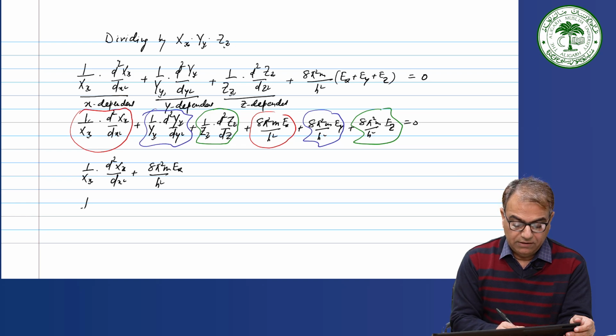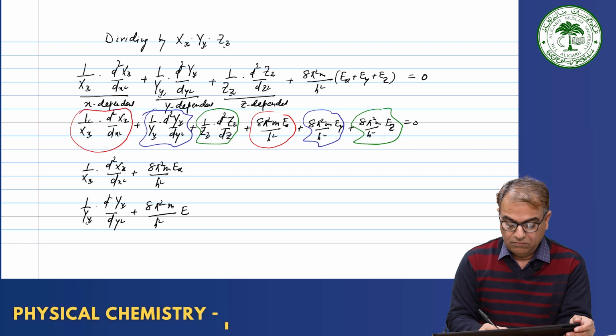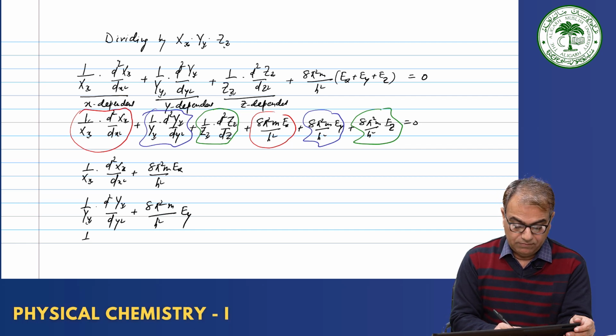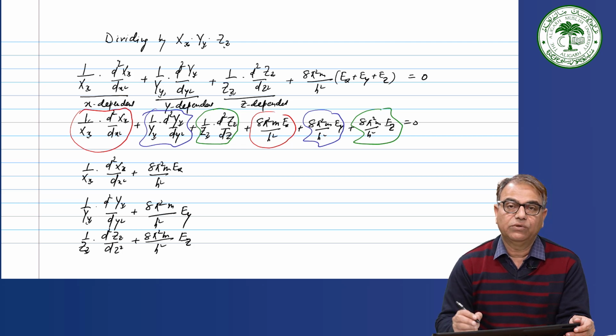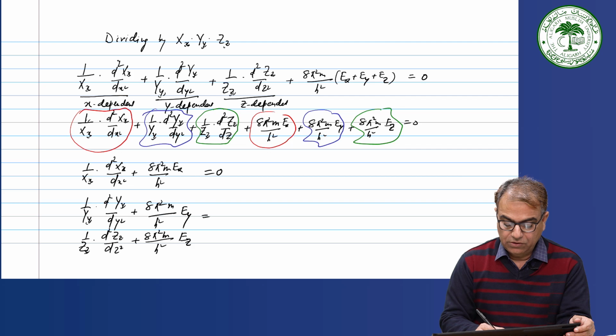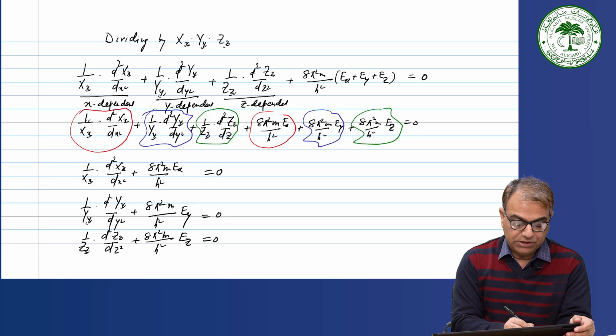Then you can write for y, then you can write for z. And if each of these summation of two terms becomes equal to 0, then this equation is satisfied. So, we can write this is equal to 0, this is equal to 0 and this is equal to 0, okay.